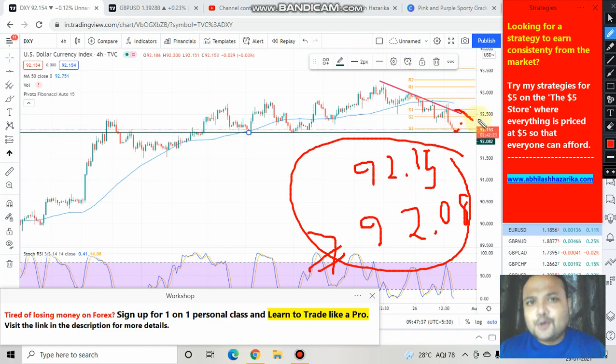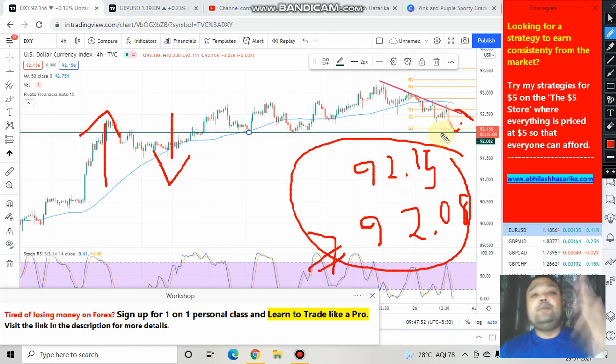As we all know, the US dollar has a direct impact on the market, and if it starts going up, currencies like the pound and euro will go down. Right now the dollar is going down, therefore GBP USD is rising here. So keep your eyes on the chart of DXY as well.